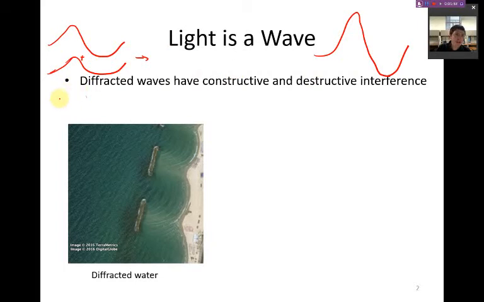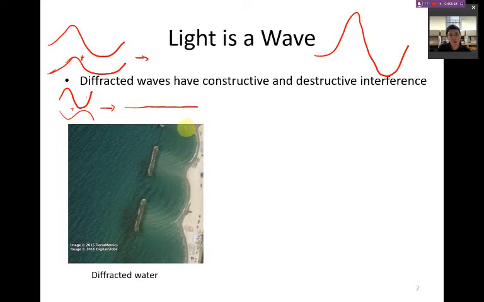Now, if we have the opposite, so we have two waves that we add together and they are opposite of each other in terms of their amplitudes and when those coincide, then that would get us a flat line.